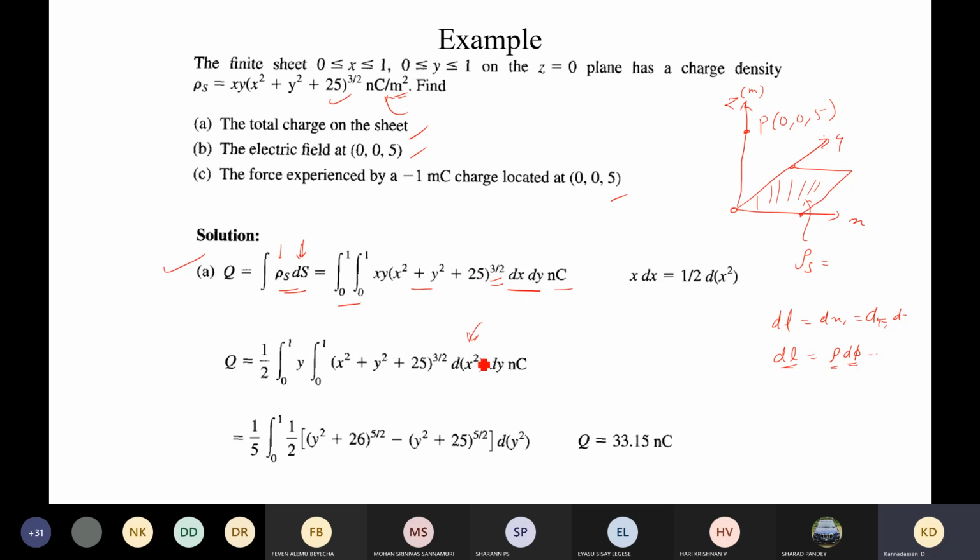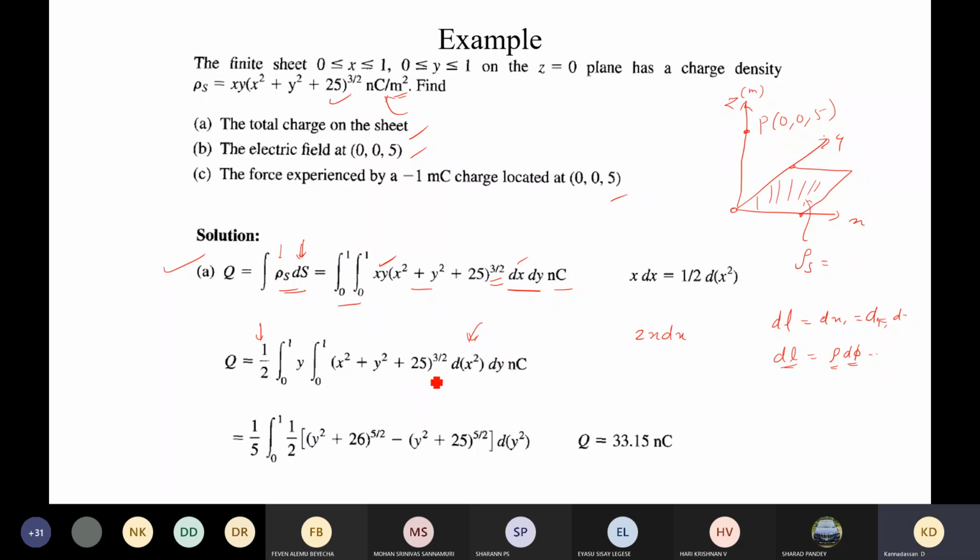So d(x square) will give us 2x dx. So by the way, this x dx can be described when this 1/2 has come. So like this, when you work in a more mathematical way, rather than with complicated integrations, you will get answers quickly. So this practice is what we are expecting in the exams.